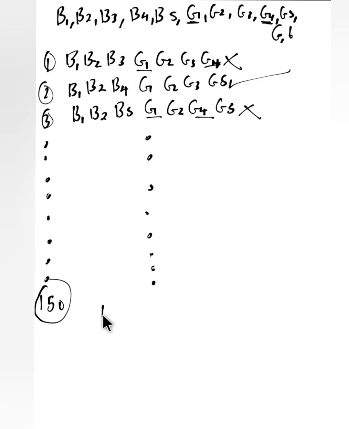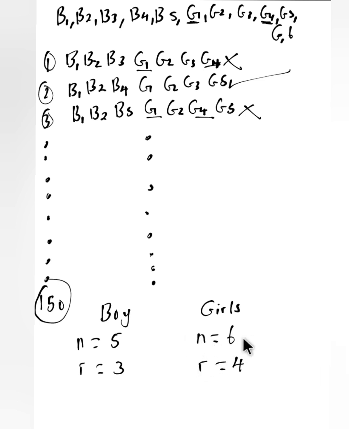Now remember that for boys, n is equals to 5 and r is equals to 3. And for girls, n is equals to 6 and r is equals to 4. So since two girls are already choosing, and let's say G1 and G4 are choosing already, so out of these 6, we are going to select just 4, because 2 are already choosing. 6 minus 2, 4.